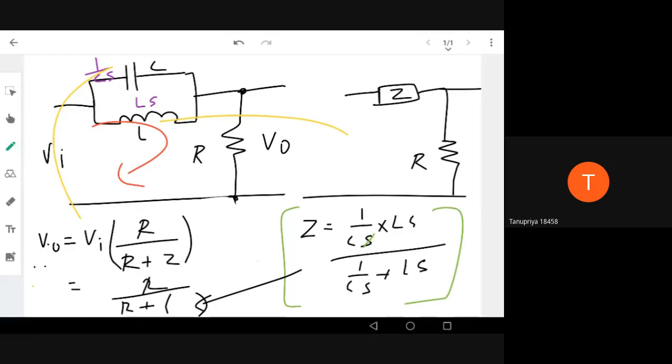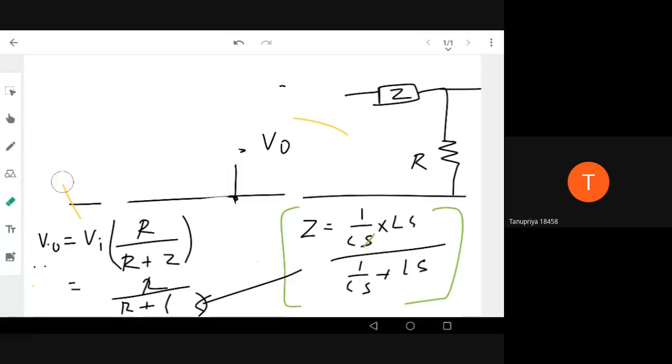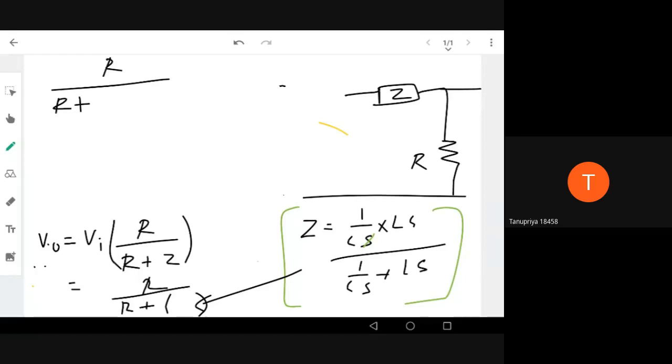Okay, I'm getting the answer. Let me verify the answer also. So this is r divided by r plus this thing. If this is simplified, it will be LC square, ls divided by 1 plus LCS square, right?